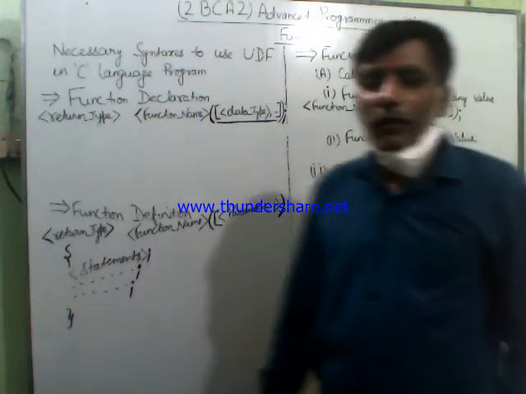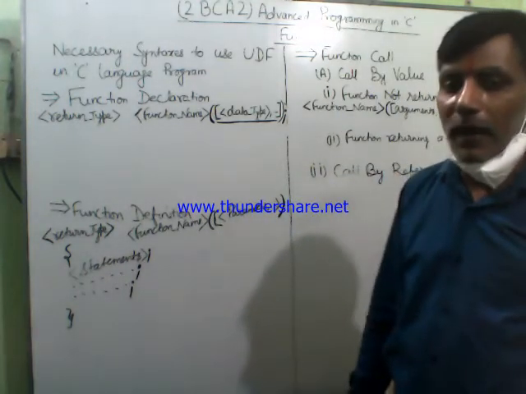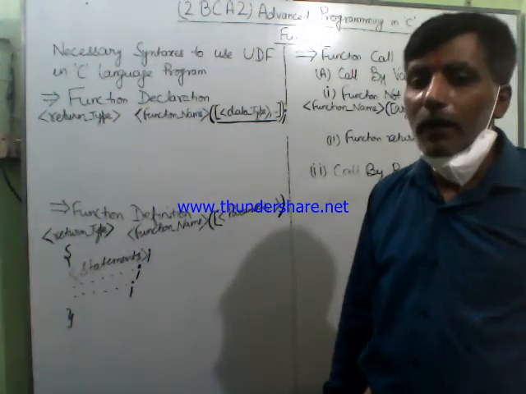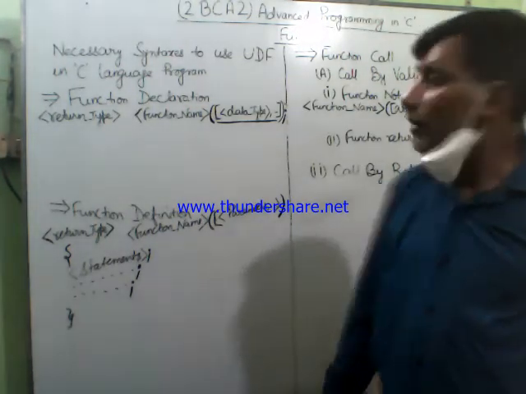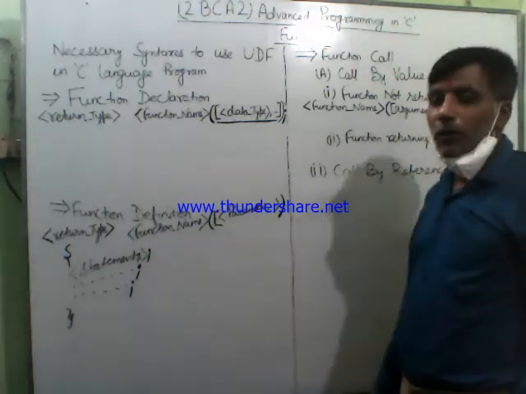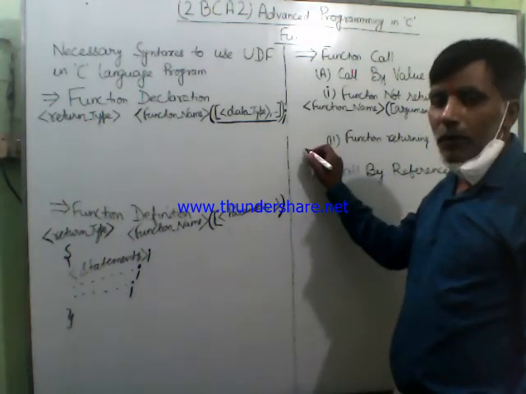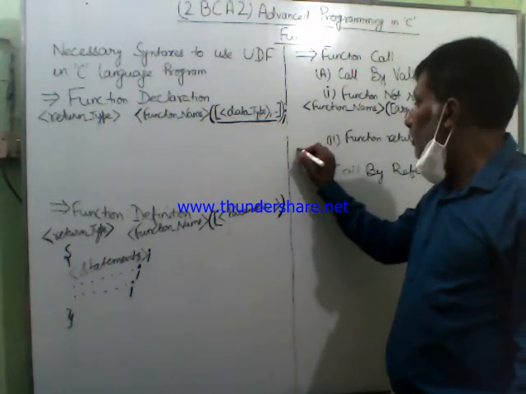When you are calling such a user-defined function that is returning some value by using the call by value method, then you have to use a different syntax that I am going to write on the board.